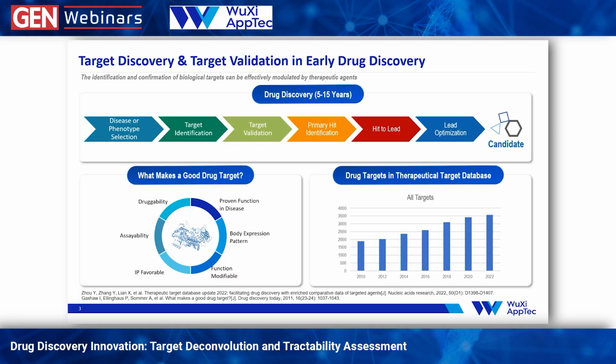It should also have a distinct body expression pattern in a certain disease so that it's not expressed everywhere, which would mean it is potentially toxic and dangerous. Of course, you also want to make sure your target is IP favorable so that you have some space to make and look for novel chemical entities.